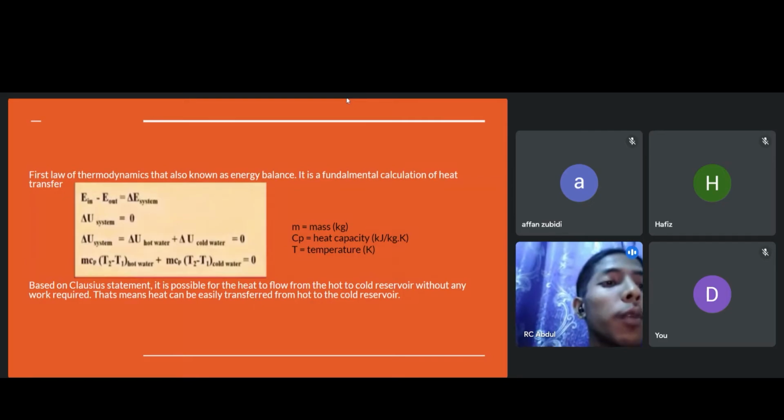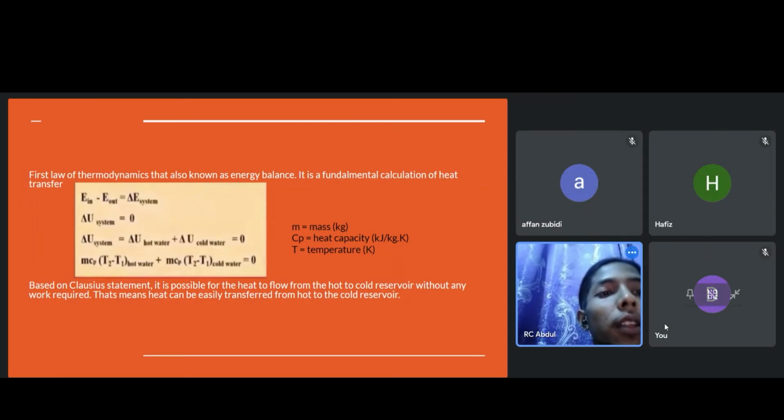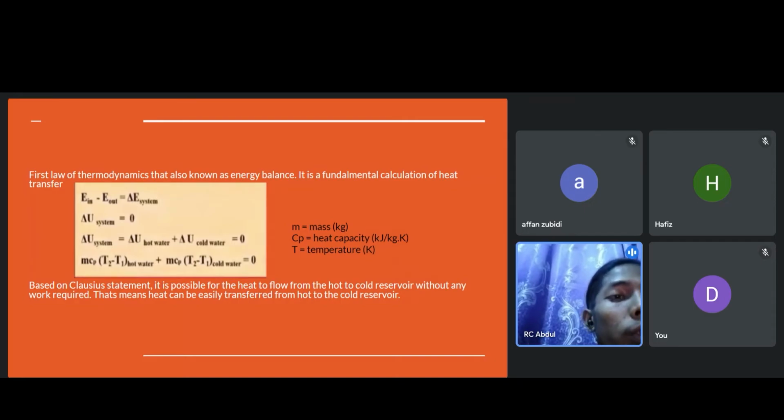My name is Muhammad Arsi, and I will explain about the theory. As we all know, the first law of thermodynamics is also known as the energy balance. It is a fundamental calculation of heat transfer, which is E in minus E out equals total E system. Delta U system equals 0, and U system equals U hot water plus U cold water equals 0.